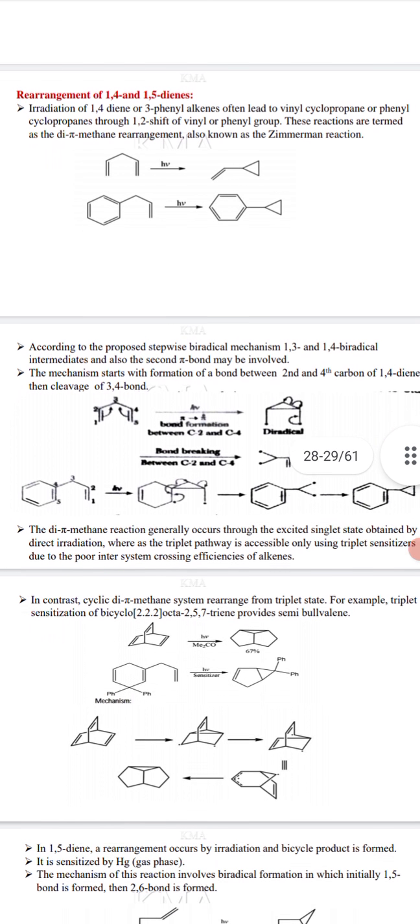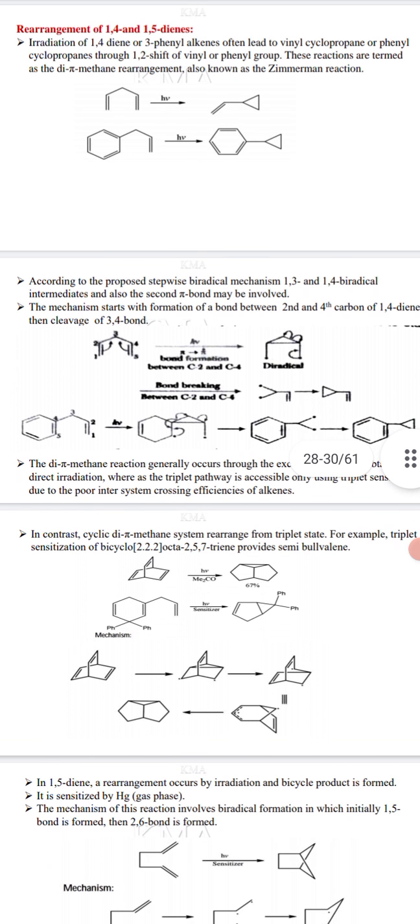In the mechanism you can see the 1,4-diene absorbs light in the presence of sensitizer. The pi to pi star excitation happens.